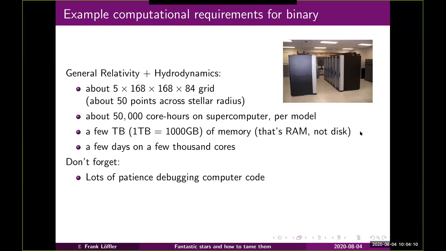So for those numbers, you need about a terabyte, and that's main memory, not disk, right? So you do need quite a few nodes to actually make up that memory. And then you need a few days on those cores. But again, that's just a rough estimate. What you also need is a lot of patience debugging your computer code, but that's something else. I will not talk about that today.